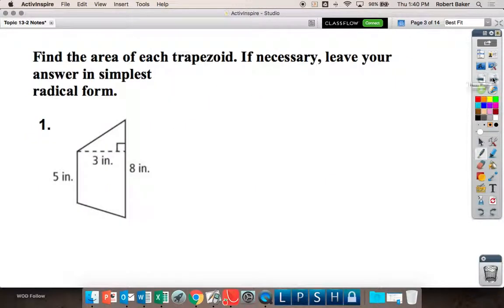So here we go. It says find the area of the trapezoid. I'm just asking you guys to find the area of the trapezoid and give me the answer to the nearest tenth, 1 decimal place. So the area is 1/2 base 1 plus base 2 times the height.